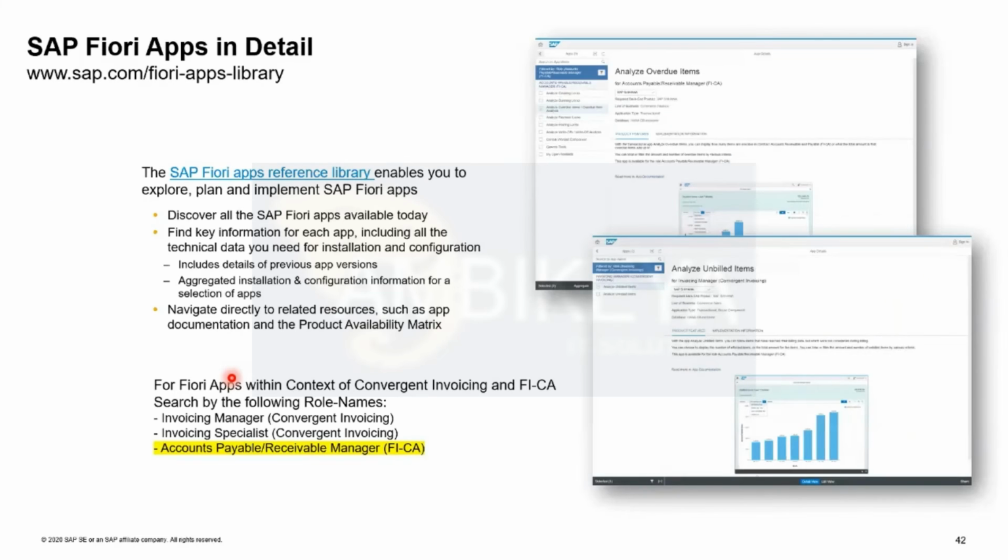So if you want further information, you can simply navigate from here to the Fiori apps library and select the accounts payable and receivable manager FICA, and then you will get a list of all the FICA apps. If you want, we have several apps for convergent invoicing manager and specialist as well. Navigate here, and then you will see those applications.